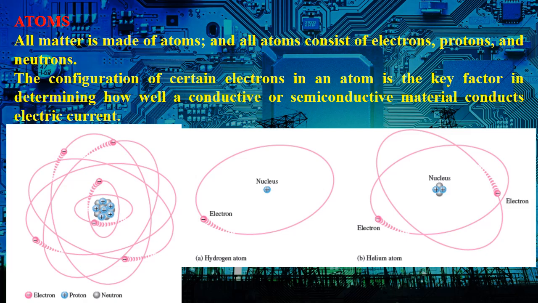So it's very important that you understand what an atom is, what the subatomic particles are, and how they contribute to the production of electricity at the atomic level in the conductive material.